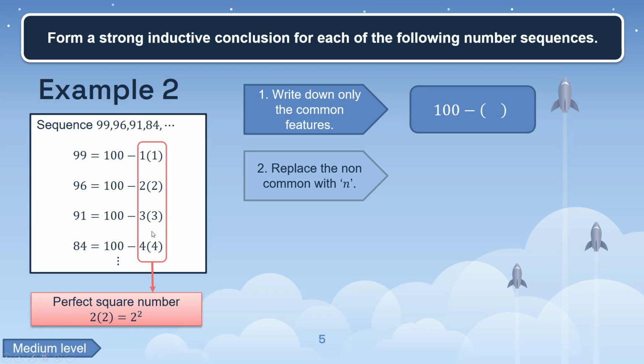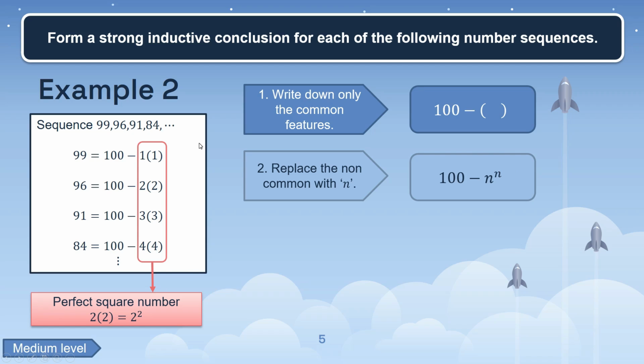Same goes with 4 times 4 equal to 4 square. From this, we can determine that this non-common is a perfect square number. Then we can replace this with n power of n, like this. The non-common we replace with n power of n, because from here this is perfect square number.